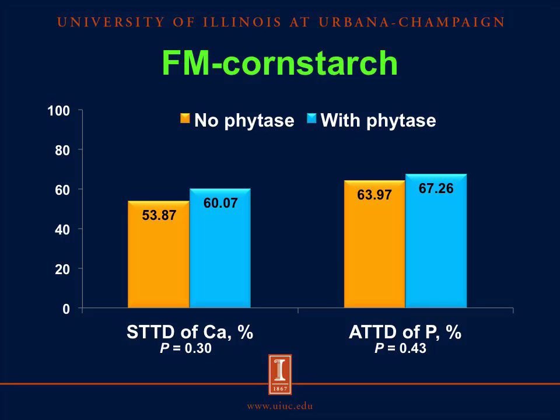So here we have the fish meal cornstarch diets, and we can see that inclusion of phytase did not affect the STTD of calcium and the ATTD of phosphorus. And this is in agreement with what we expected because there was no phytate in the diet.